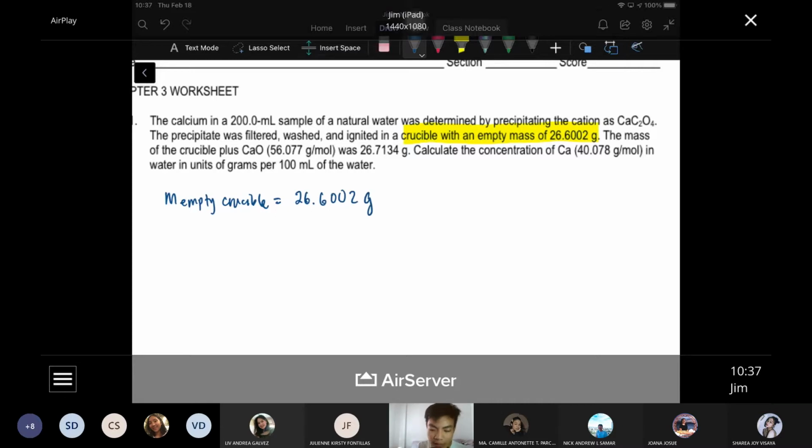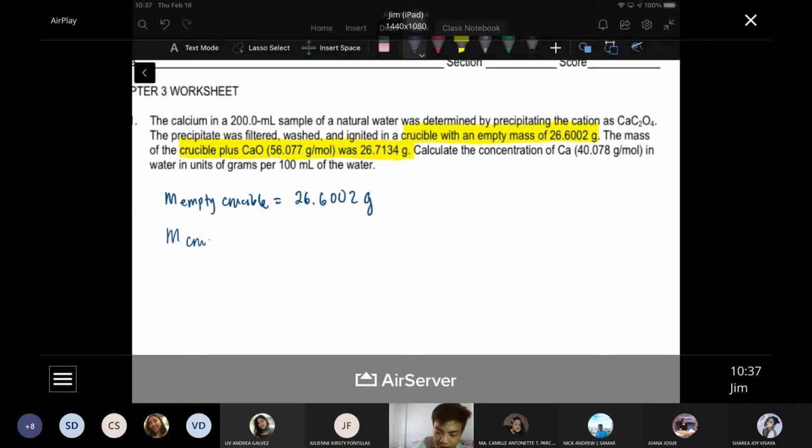Okay? Tapos, nung tapos na yung ignition ng ating precipitate, ang mass daw ng crucible plus calcium oxide, yung form ng precipitate natin, is ito daw, 26.7134. Okay.